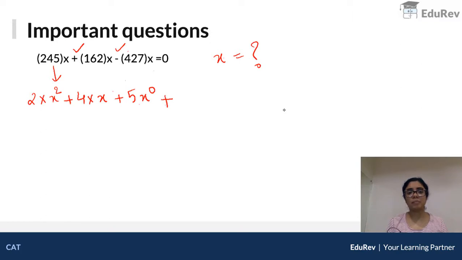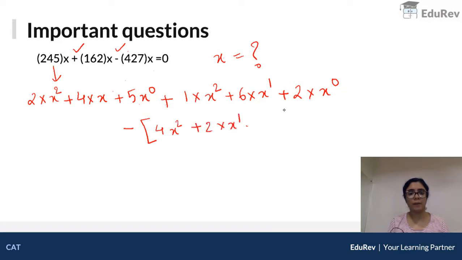Plus the second number will be written as 1 into x square plus 6 into x raised to 1 plus 2 into x raised to 0, minus your final value will be 4 into x square, okay, plus 2 into x raised to 1 plus 7 into x raised to 0.